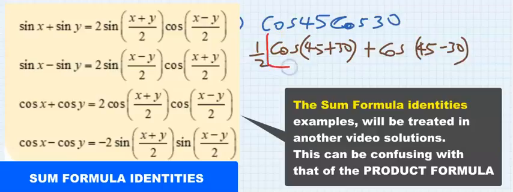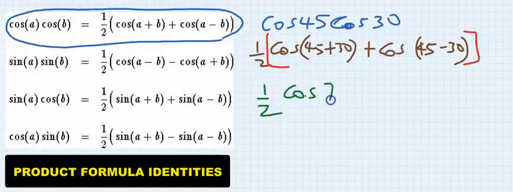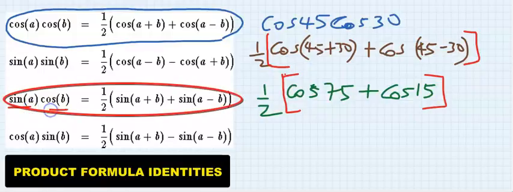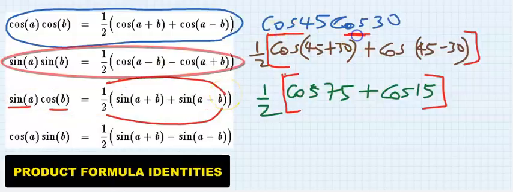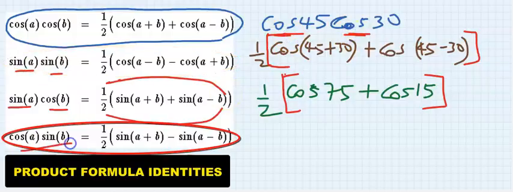Everything will be multiplied by the half. This will give you half of cos 75 plus cos 15, and this will be in bracket. If it were sine cos, I should be using this. If it is sine, I should be using this. If it is cos sine, I should be using this.